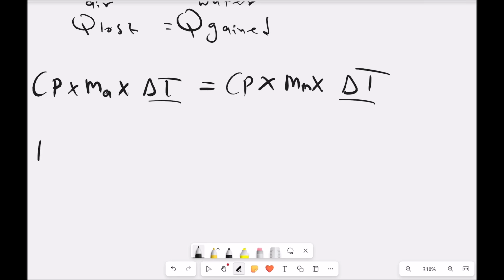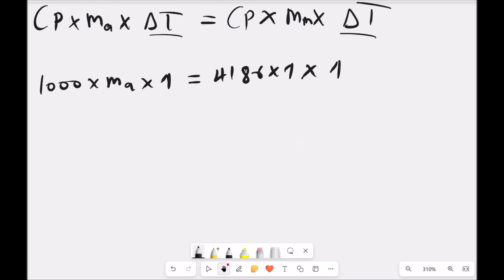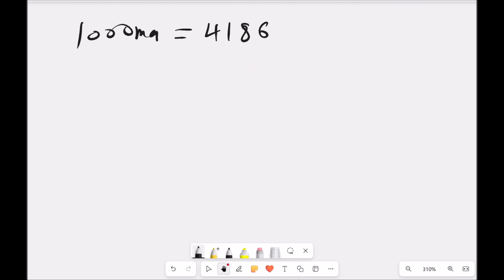Cp for the air is going to be 1000. Mass of the air, we don't have it, times 1. Then this one is 4,186, which is Cp of the water, times 1 kilogram of water times 1 Celsius. This is going to be 4,186 is equal to 1,000 MA, which is the mass.